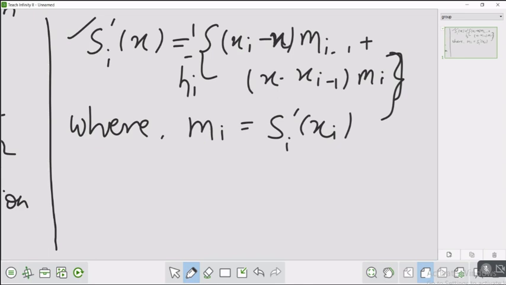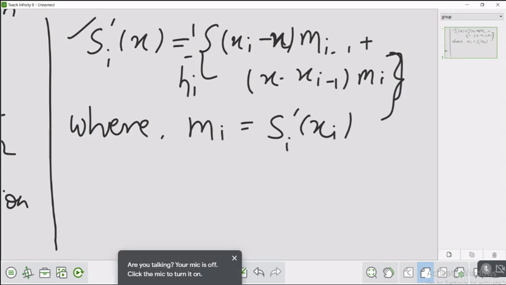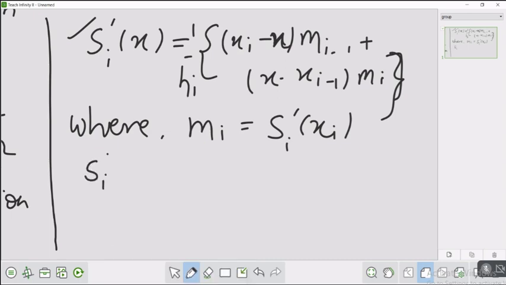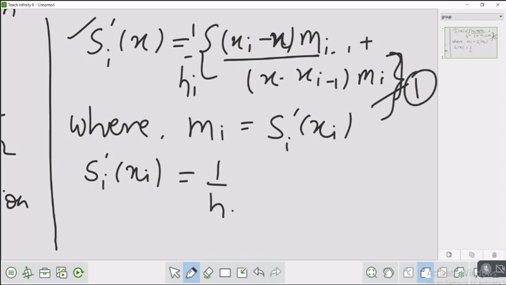This is the kind of thing we wanted, but let me show you how it really is a derivative. So mi is S'(xi). Can we just compute S' from this equation 1? If I put x equal to xi, this term will be 0 and this term will be (xi minus x(i minus 1)) times mi over hi.